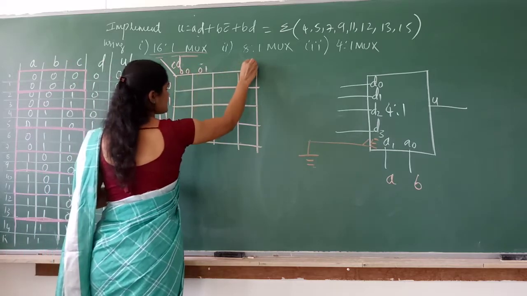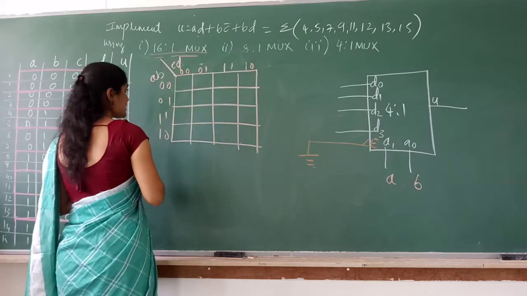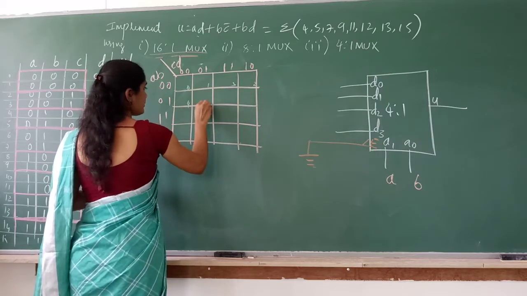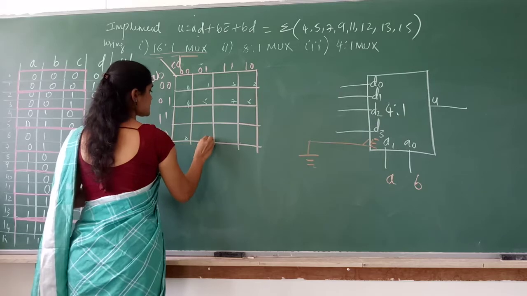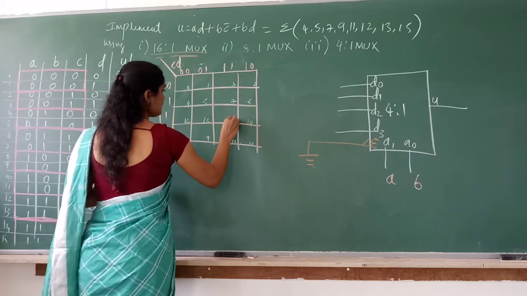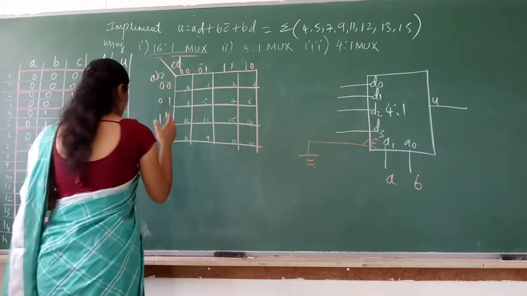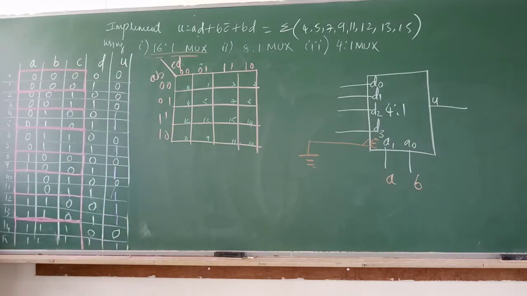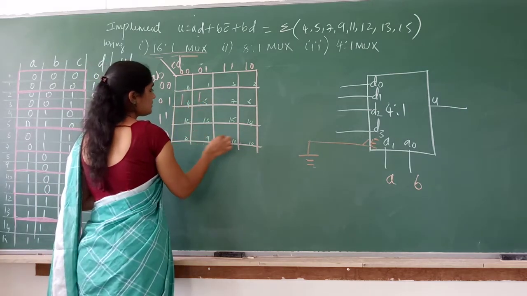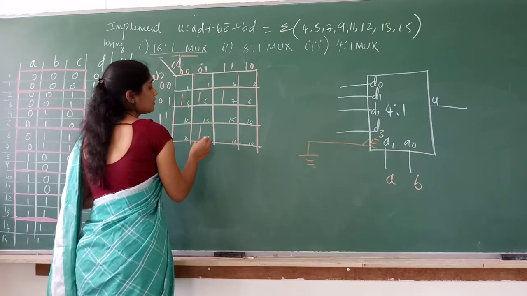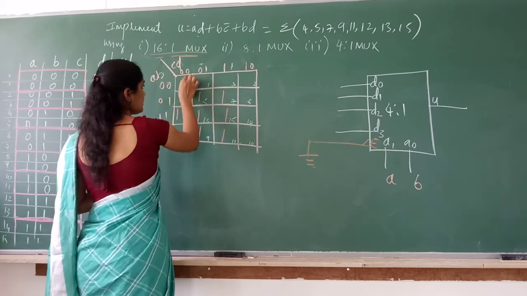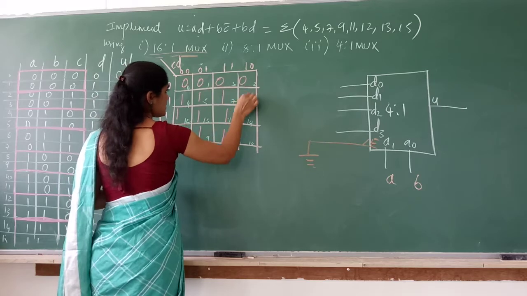The cell numbers are 0 to 15. Now fill the K-map. The min terms are 4, 5, 7, 9, 11, 12, 13, 15. The remaining cells are 0.